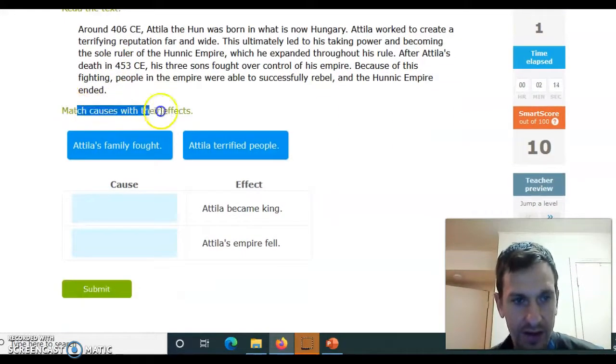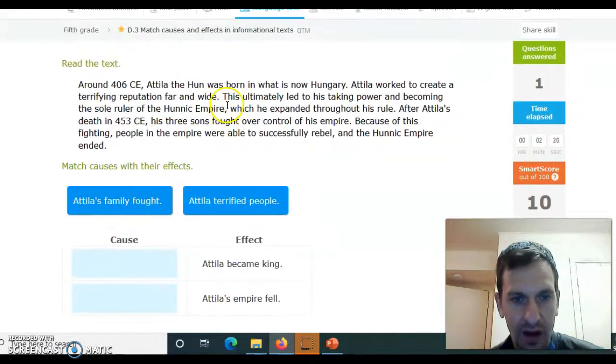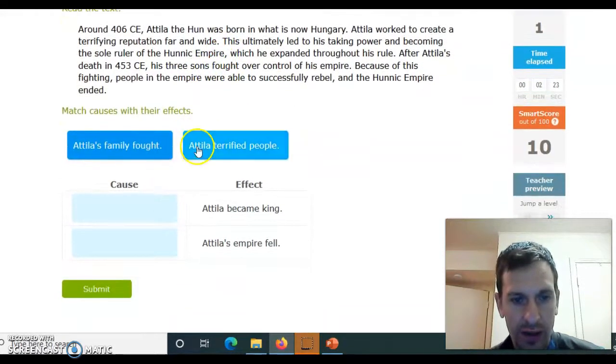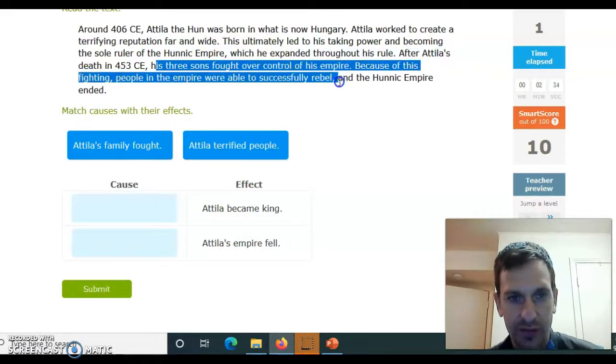Alright, so now let's look at the effects. Attila's family fought. Attila terrified people. Alright, what caused these effects? Look at these causes. The effects are that he became king and the empire fell. It says right here, his 3 sons fought over the control.